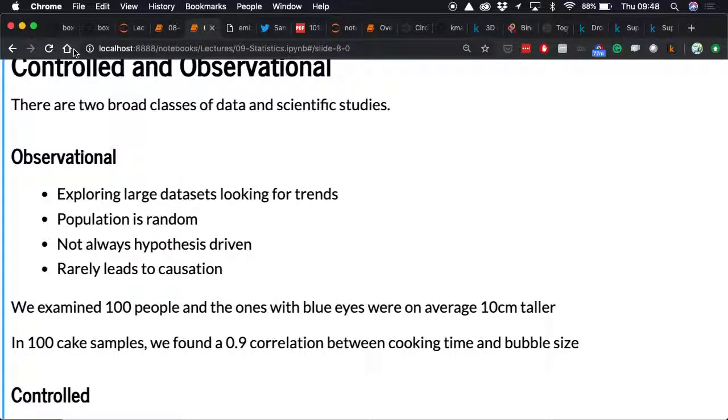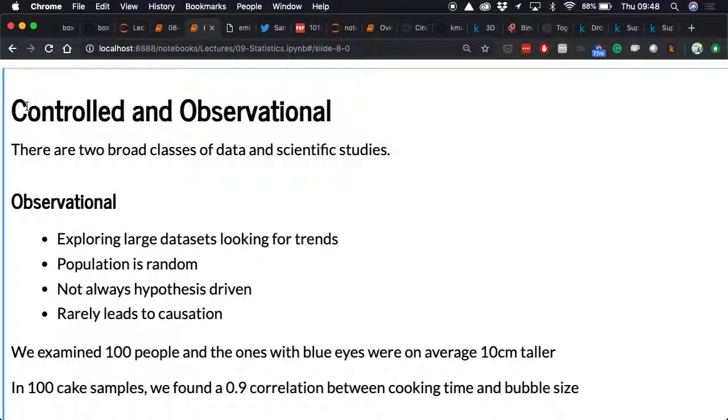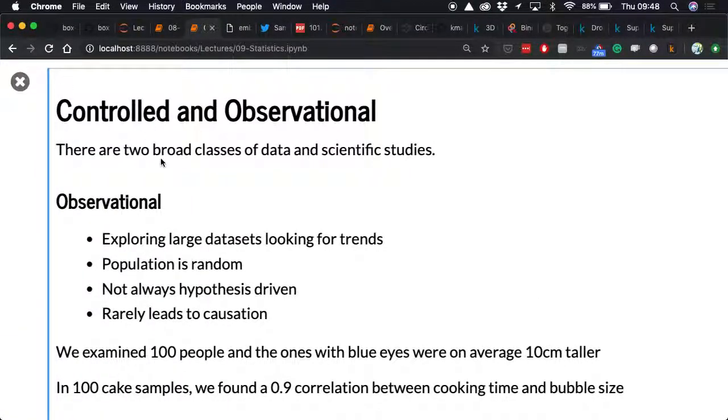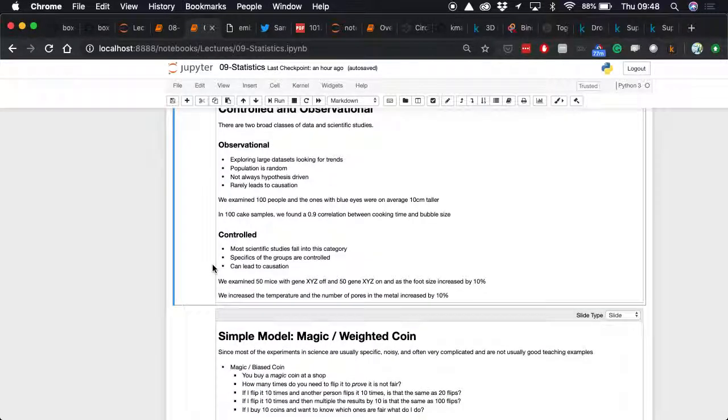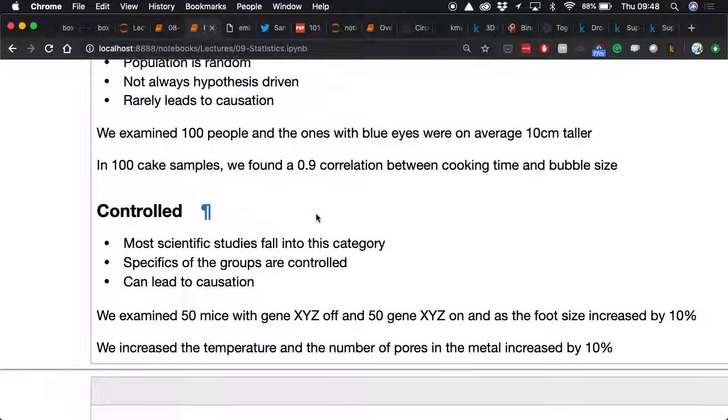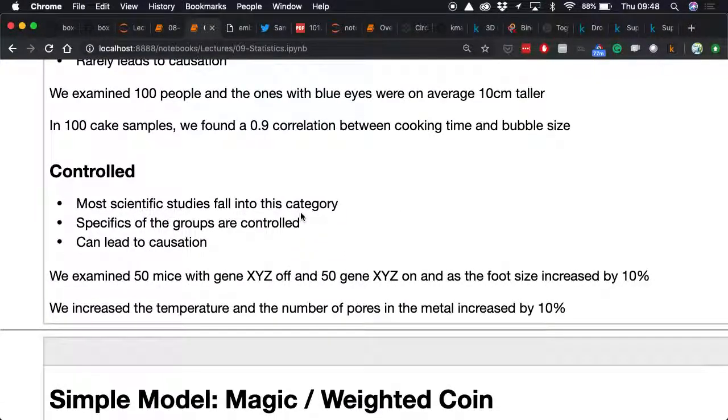So controlled is really where most scientific studies, at least traditionally, fall. The specifics of the group are very strongly controlled, and this is much better evidence for causation.